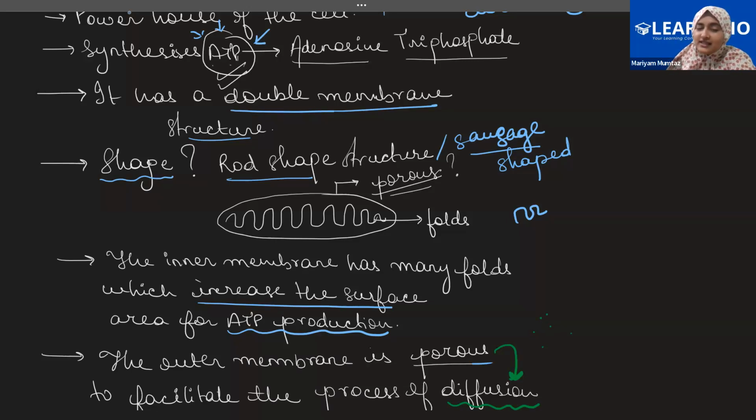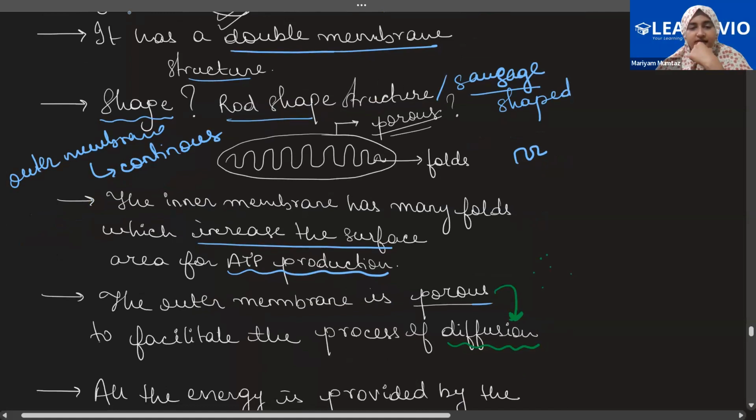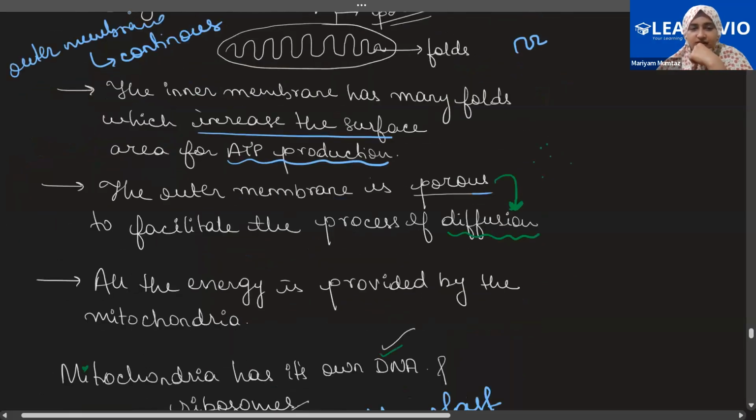So as to increase the surface area for ATP production, so that there will be more and more surface area for the formation of ATP. So the outer membrane is continuous, whereas the inner membrane has folds in it to increase the surface area for ATP production.